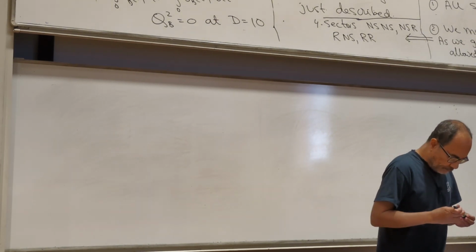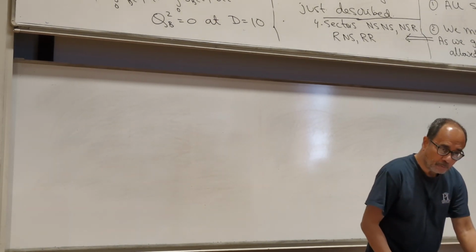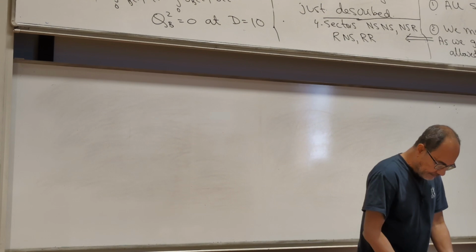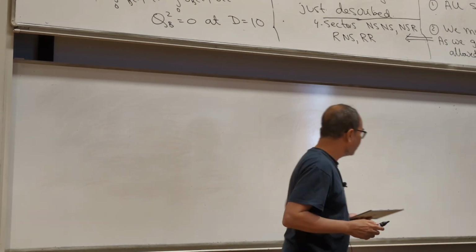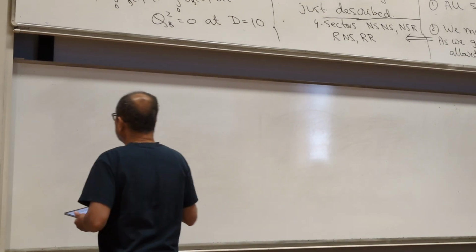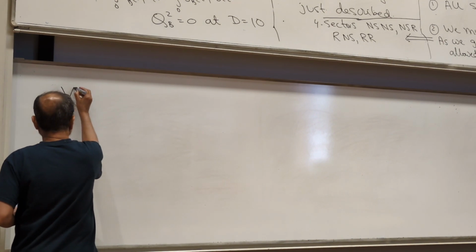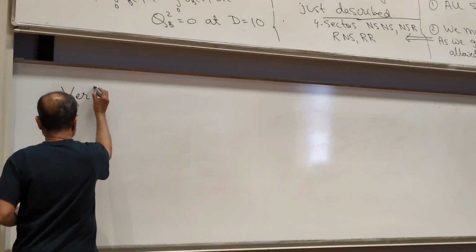Okay. So as I was saying, in order to construct the vertex operators for the twisted sector, that requires us to bosonize the beta, gamma, and psi system.